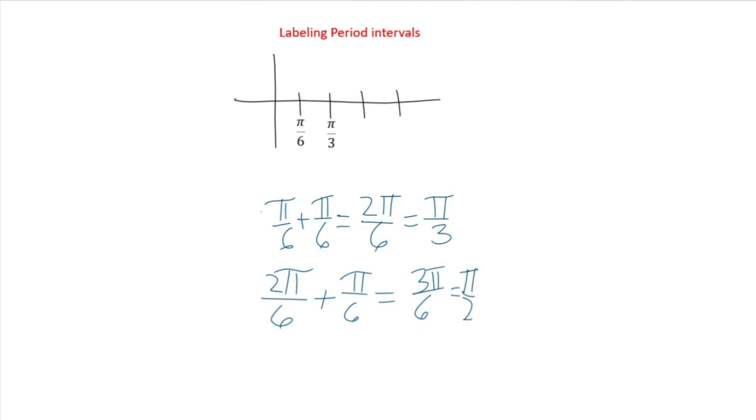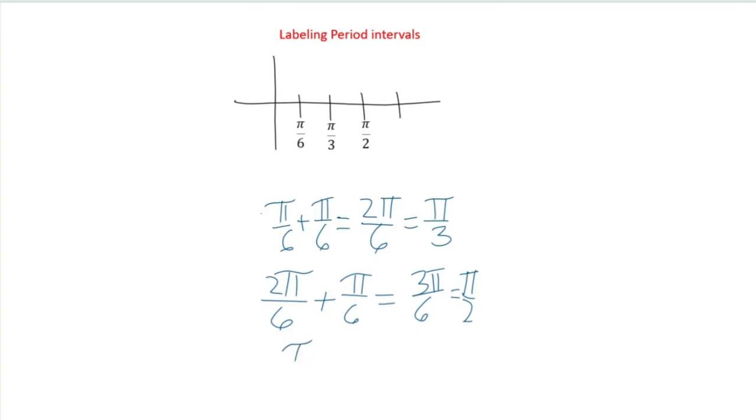That would be our third interval. Again, we're going to use our 3 pi over 6, keeping our denominator equal to 6. This yields 4 pi over 6, which is the same as 2 pi over 3.